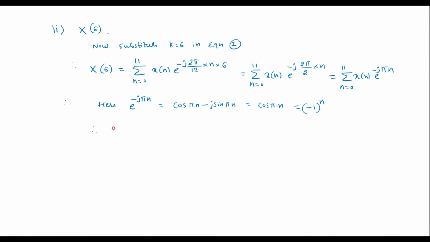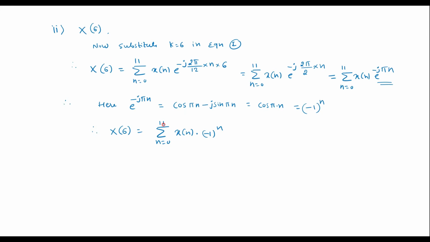Therefore now I can represent it as X of 6 is equal to summation n equal to 0 to 11 of x of n, where this term is replaced by minus 1 power n. As I said, for even values of n it will be 1, and for odd values of n it will be minus 1.